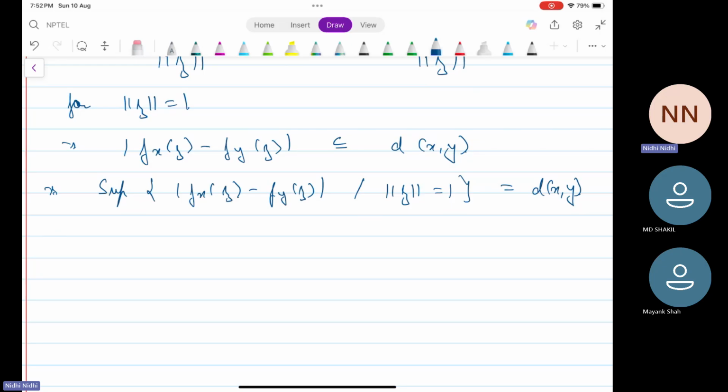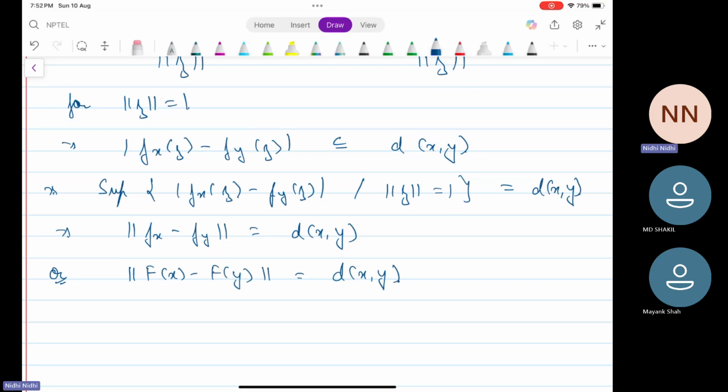And this is the definition of the equivalent form of the operator norm. This will give us that the operator norm of F(x) minus F(y) is equal to d(x,y). From here we get that this is an isometry.